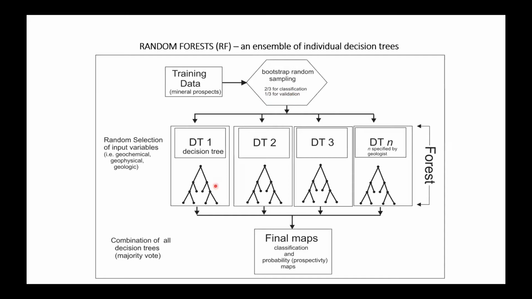Each tree randomly selects a subset of input variables, and the combination of all decision trees gives the majority vote. The final product is a classification map and a probability map for each class, which we use as the prospectivity map.